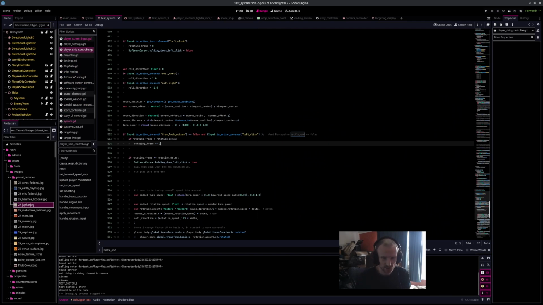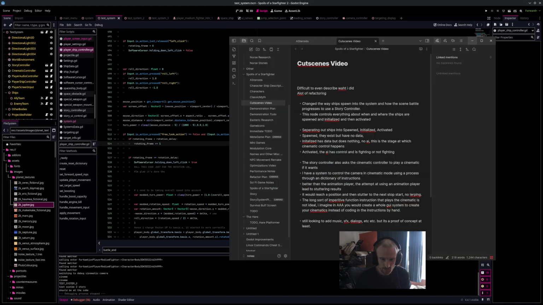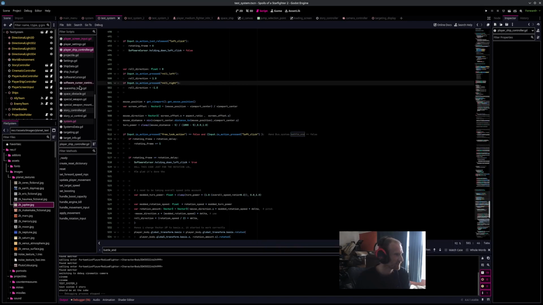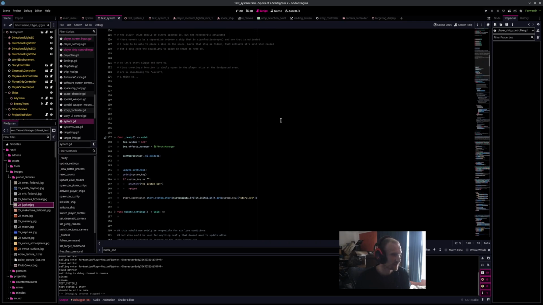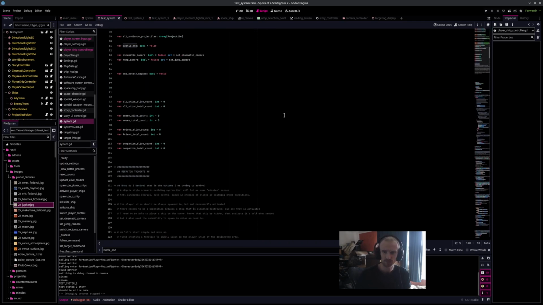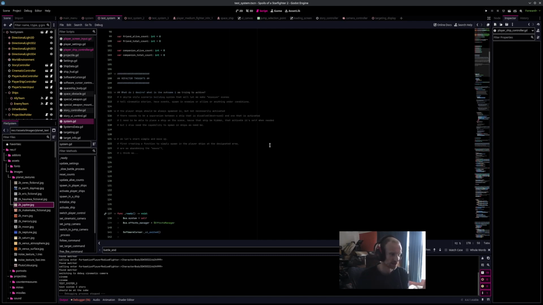So how did I go about doing this? It took a lot of refactoring. The first thing I had to refactor was the way ships spawn into the scene. It's a simplification really of the way I was doing it before. Previously I had a wave system where ships would spawn in according to their wave.